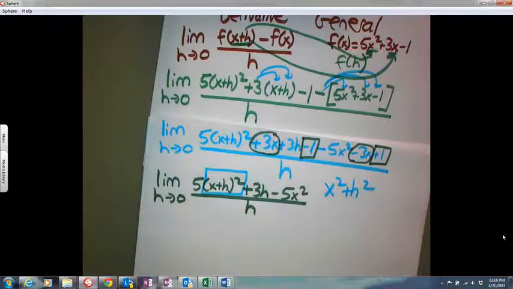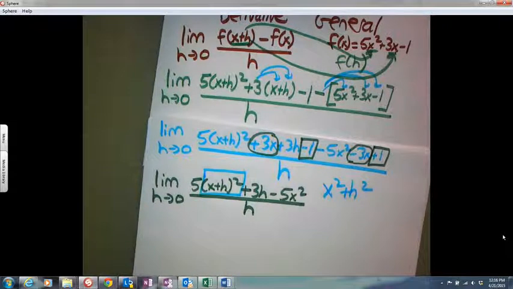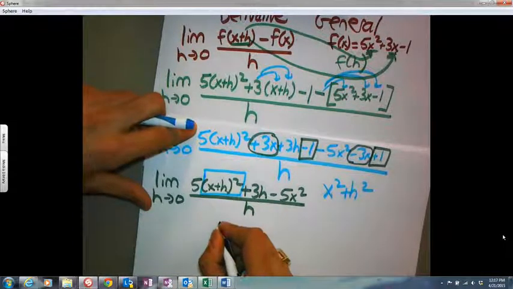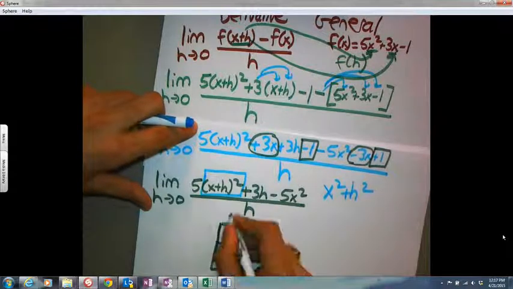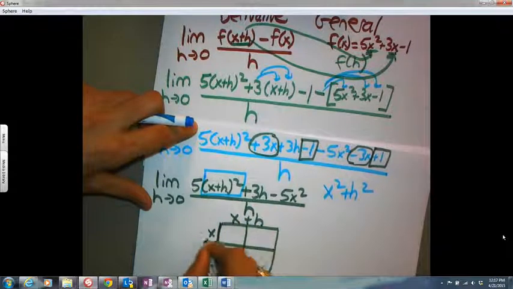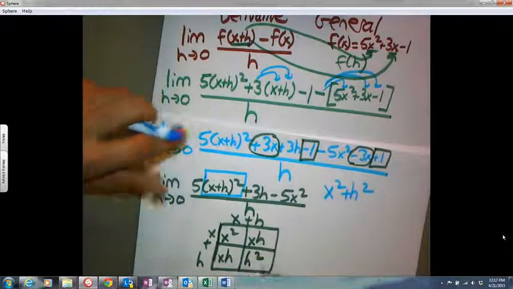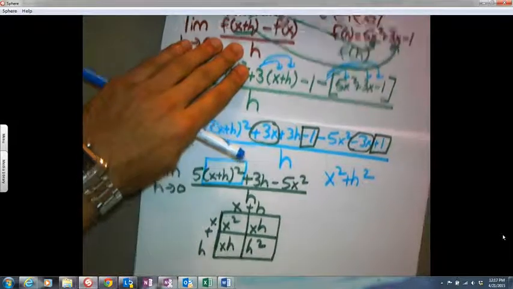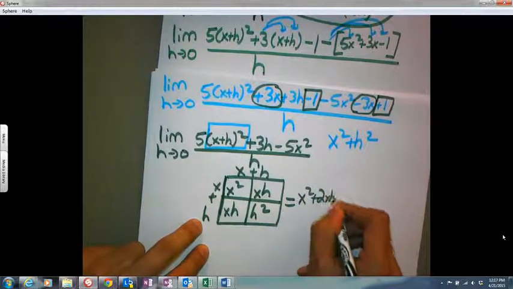Do this with the box if you have to until you get it down, because we're going to see it a cajillion times, so you'll finally know it, but do it with the box if you need to. Okay, so I'm going to now rewrite.